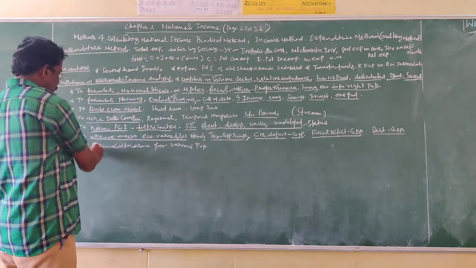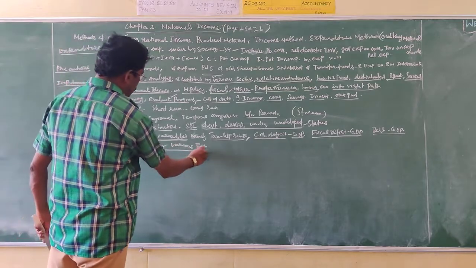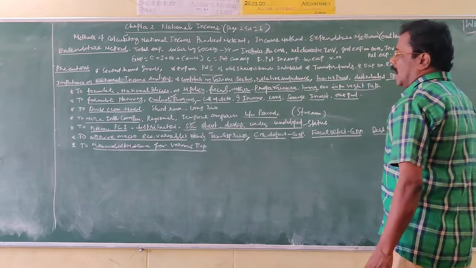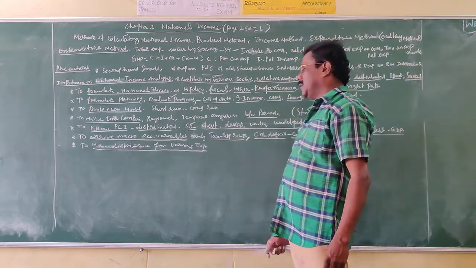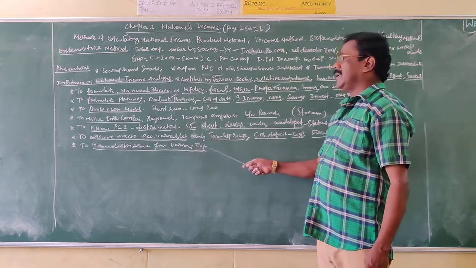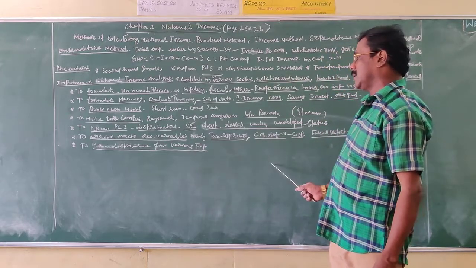And the last one is to know the distribution of income for various factors of production. So out of the national income, how much income is distributed to various factors of production, like land, labor, capital, and organization.